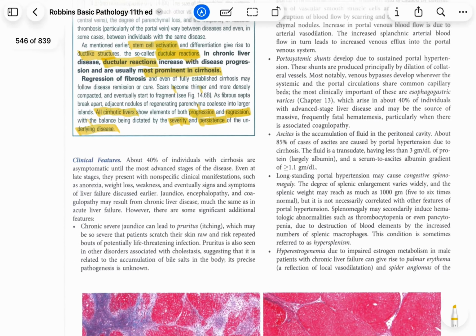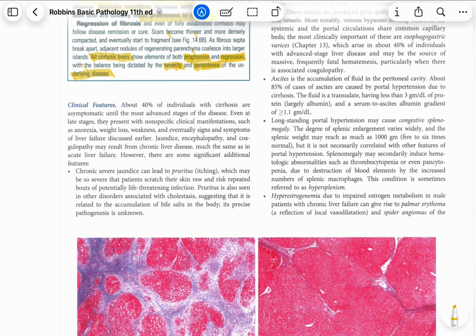Now, if we talk about clinical features, about 40% of individuals with cirrhosis are asymptomatic until the most advanced stage of the disease. Even at late stages, they present with non-specific clinical manifestations such as anorexia, weight loss, and weakness.